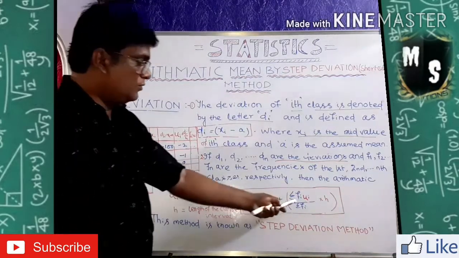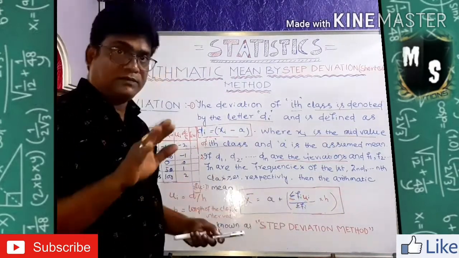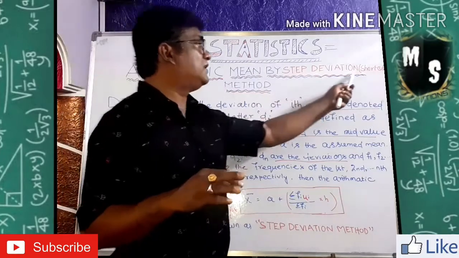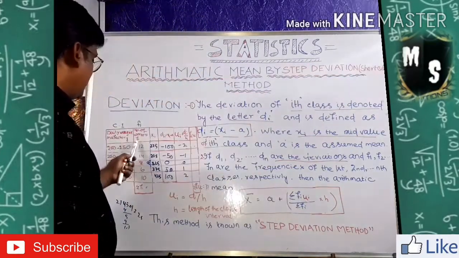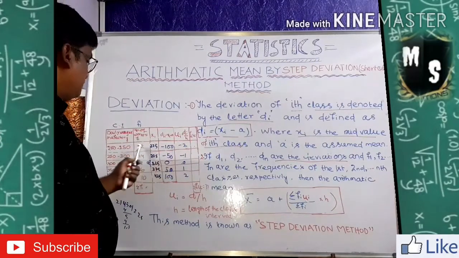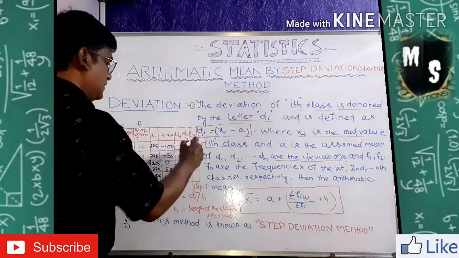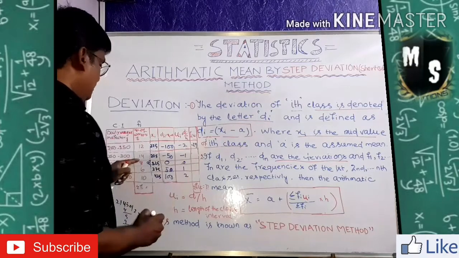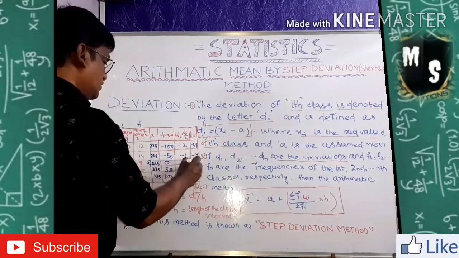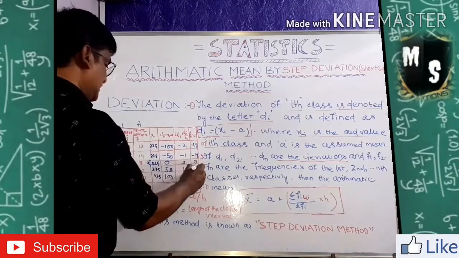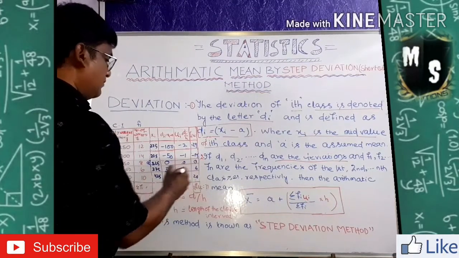Then what do you want to do? fi into ui. Understand? In the step deviation method, you have to go for fi into ui. So here it is fi into ui. 12 into minus 2, it is minus 24. 14 into minus 1, it is minus 14. 8 into 0, 0. 6 ones are 6. 10 twos are 20. Then what you have to do?